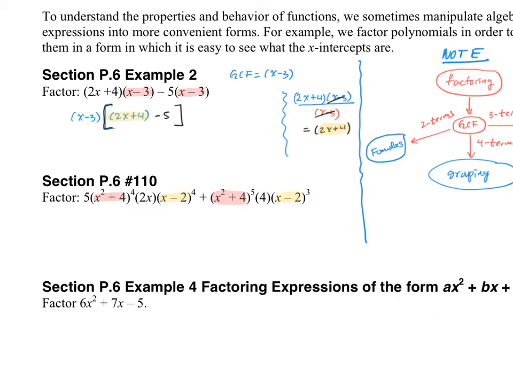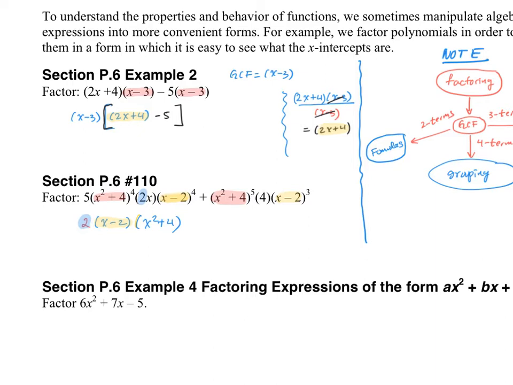So when you find the GCF, you have to pick everything that is different. So different, you have the 2, which is this one right here, this 2. And then times x minus 2, which is this one, and it's x minus 2. And then the other thing that is different is x squared plus 4.